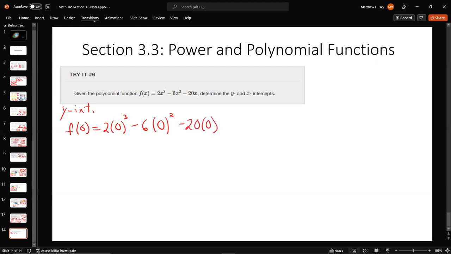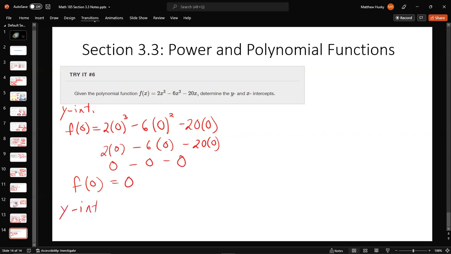Fun fact, 0 to any power, 0 multiplied by itself a bunch of times, guess what? That will always be 0. So this is 2 times 0. This is 6 times 0. And that is 20 times 0. And again, anything times 0 is 0. So this is 0 minus 0 minus 0. And fun fact, that just means you get 0. So f of 0 equals 0. That means the y-intercept is (0, 0).